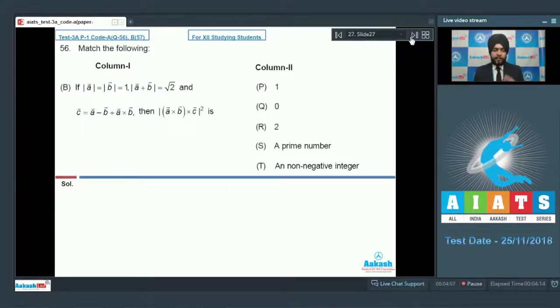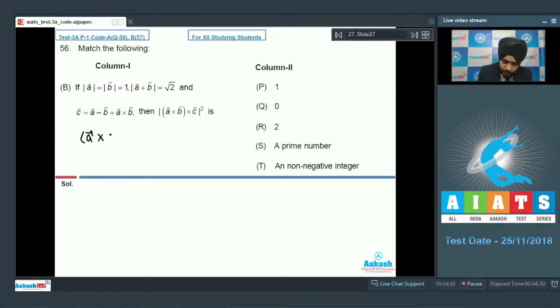B part says that if magnitude of A vector equal to magnitude of B vector equal to 1 and magnitude of A vector plus B vector is equal to root 2 and C vector is A vector minus B vector plus A cross B vector, then the magnitude of A cross B cross with C whole square. So let us put the value of C here.